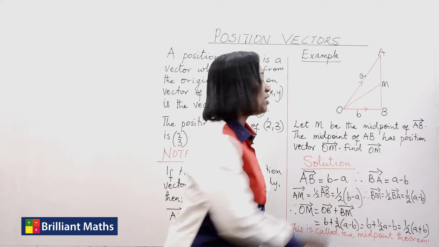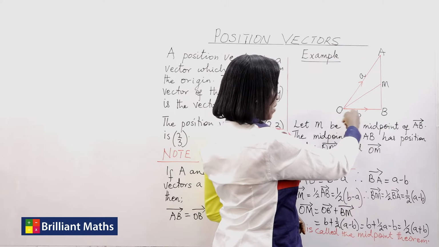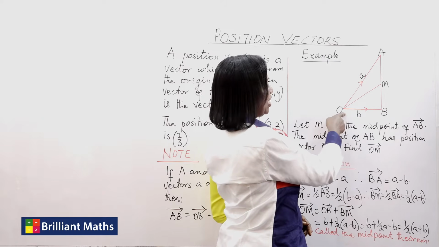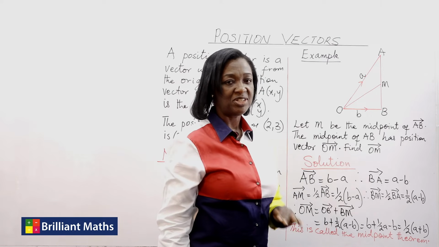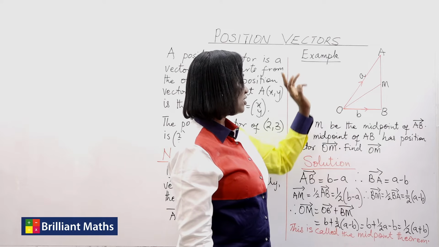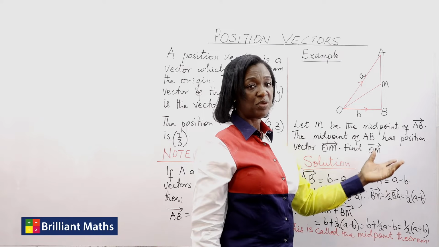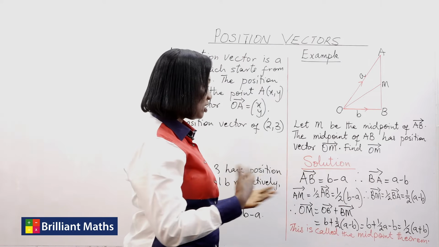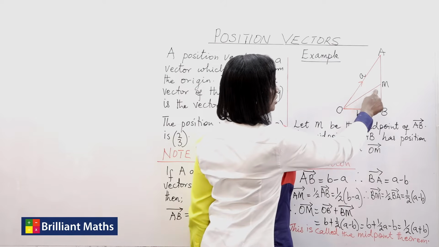So that means that BA will be minus B plus A. I want to establish that the vector AB is B minus A, and vector BA is A minus B. We've swapped the directions.